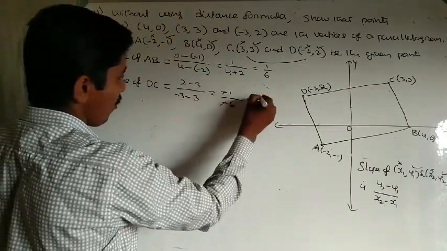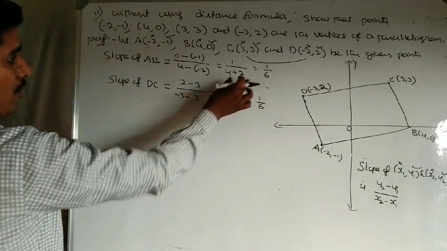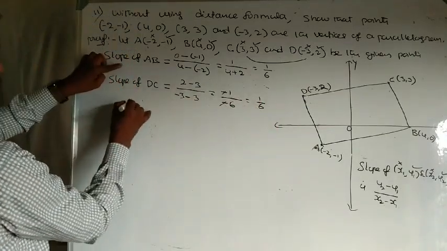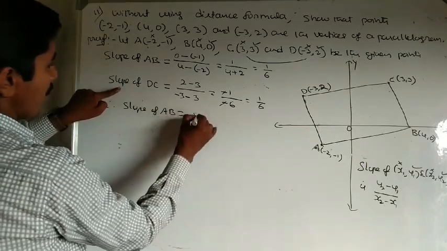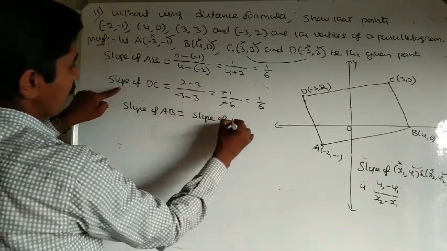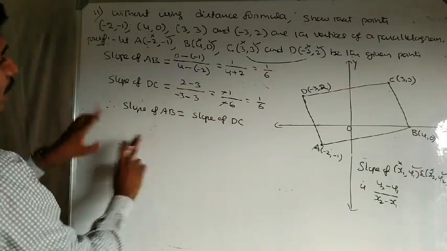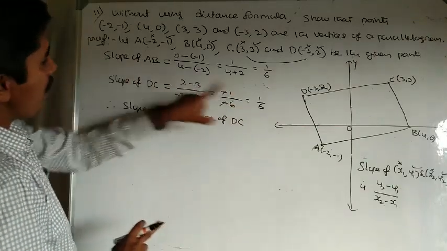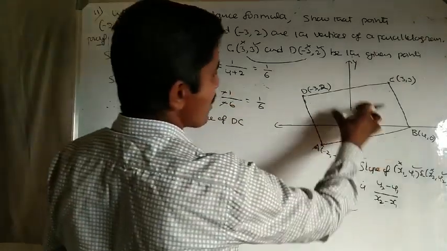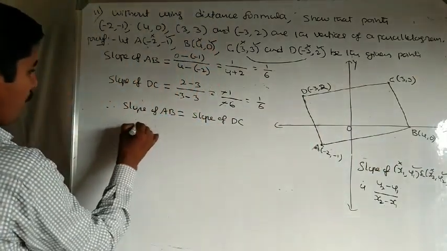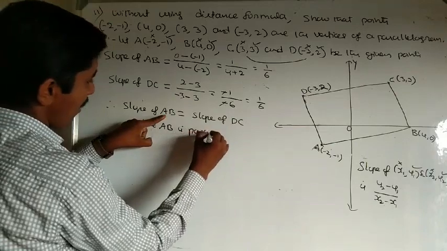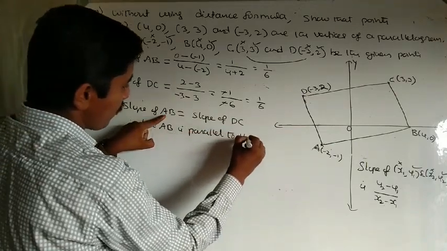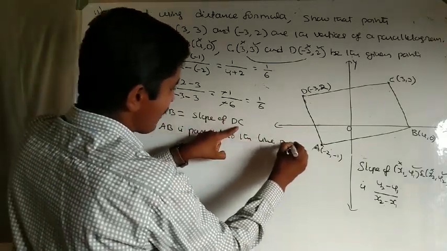Minus minus gets cancelled, so 1 by 6. Correct. Slopes are equal. Therefore the slope of AB is equal to the slope of DC, which clearly means line AB is parallel to line DC.